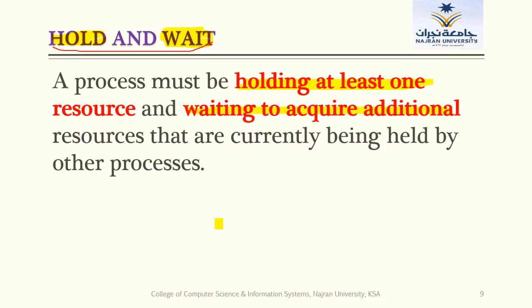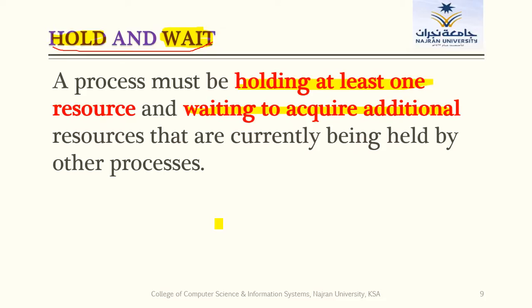If I say I will not release the red color marker, the red color resource, until I get the black color resource, the black color marker, it means this is a situation of hold and wait. I am holding one resource and waiting for another resource. If this situation is in our operating system, where a process holds a resource and waits for another resource, then this can lead towards deadlock.